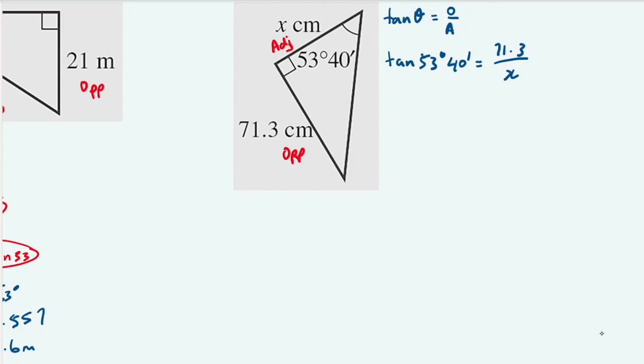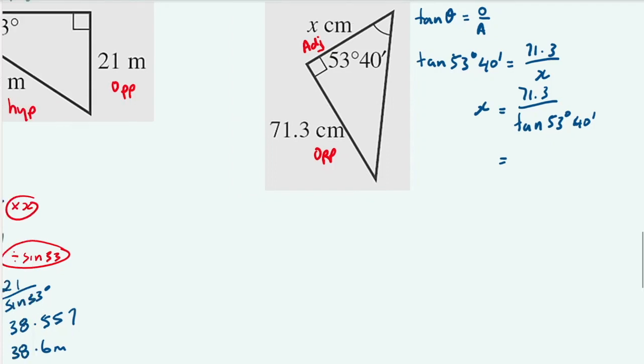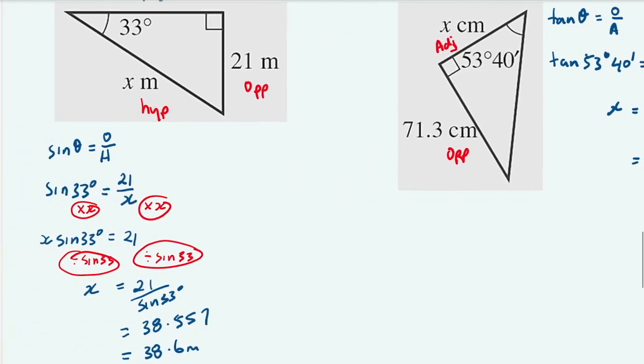The x and the tan 53 40 are just swapping places. So x equals 71.3 over tan 53 40. So you can see there that second line and third line in this one resemble the second and fourth line in this one.